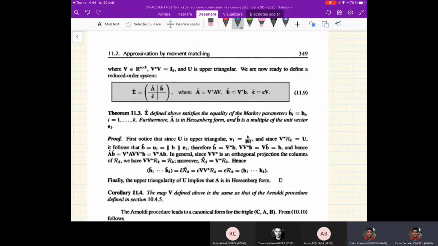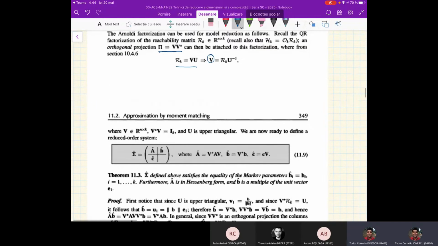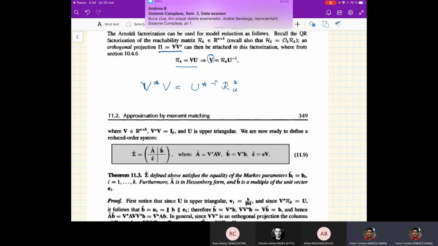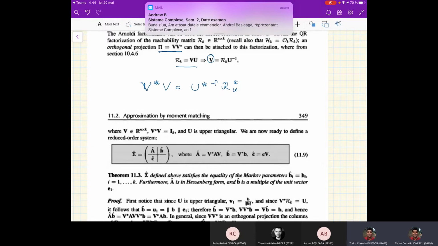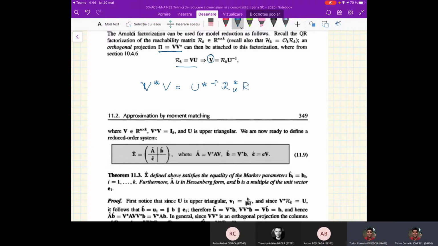And you know that V star V is U star inverse RK star RK U inverse.